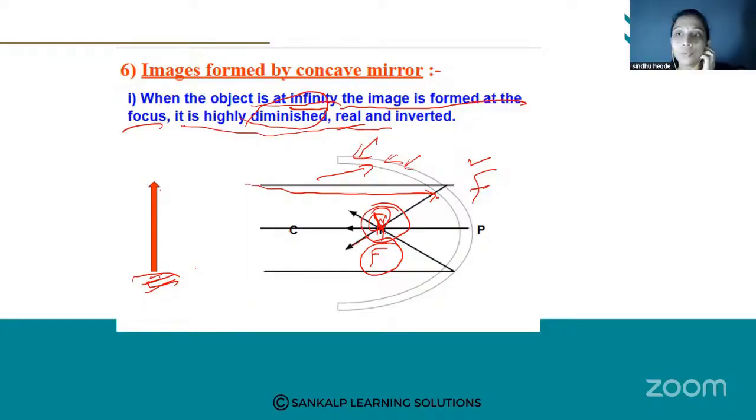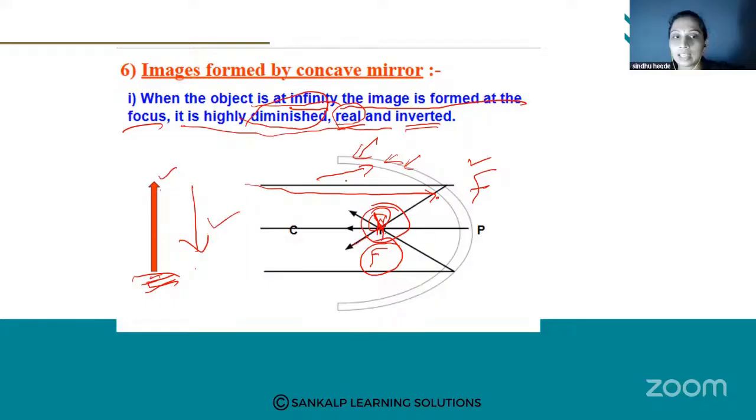In yesterday's class, I already explained real and virtual images. Which type of image is formed? A real image is formed. Then it is also inverted. Inverted means like this: this is the object and this is the image.